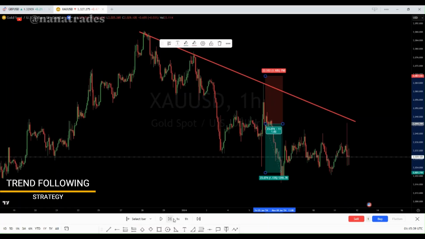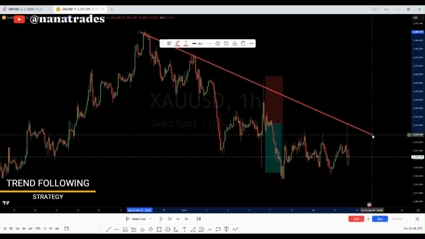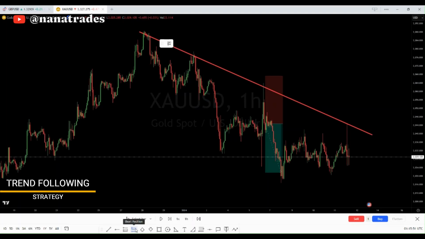All right. So we have our fourth touch here, which is very close to this trend line. You see? Okay, so this is our fourth touch.